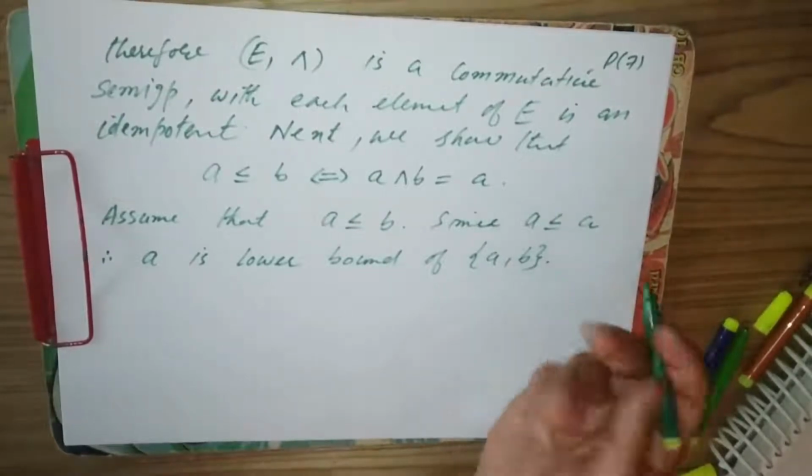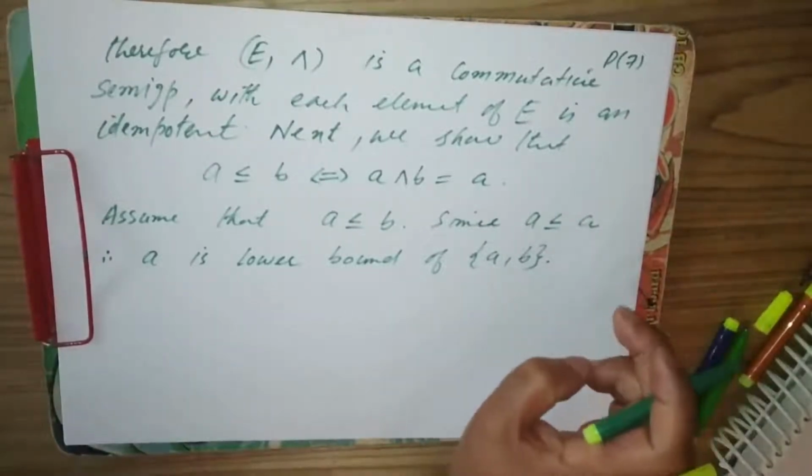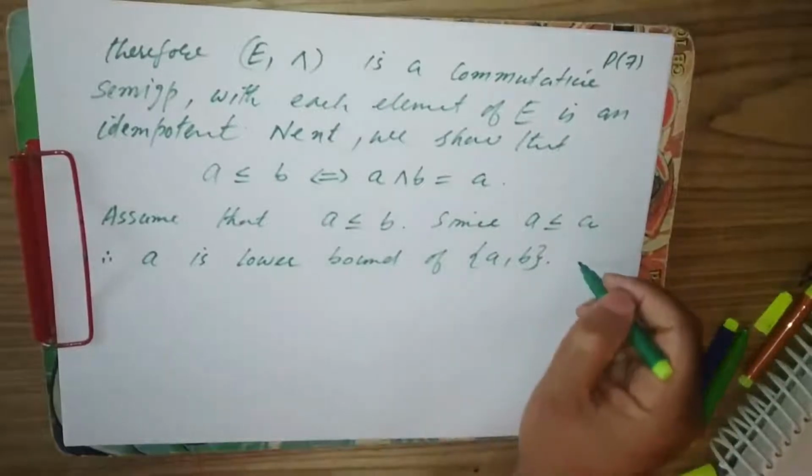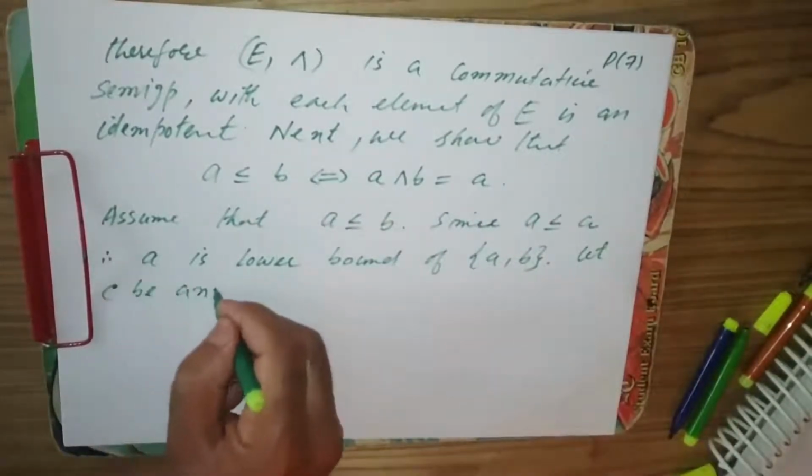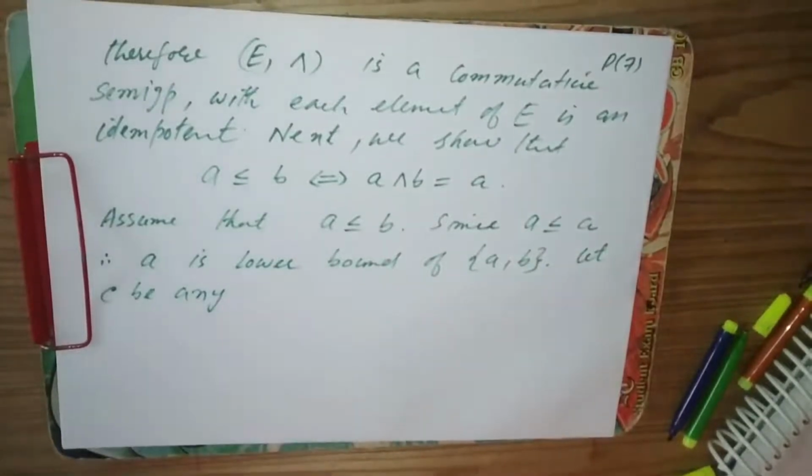So for this we take any lower bound of A and B and we will show that A is greater or equal to that lower bound.